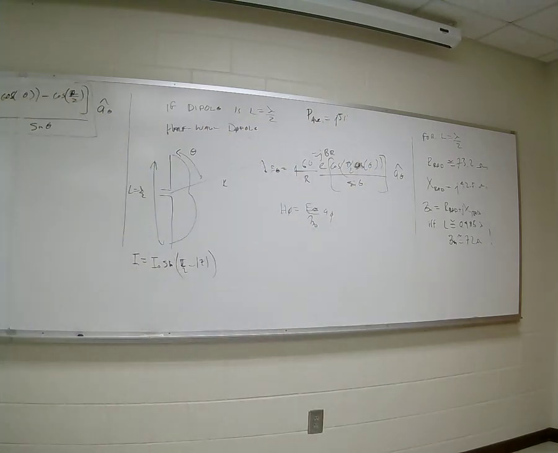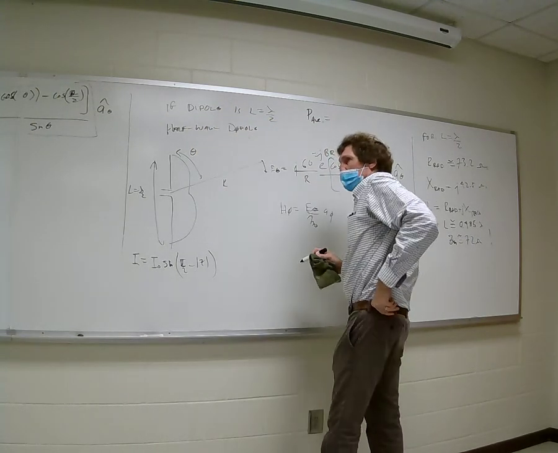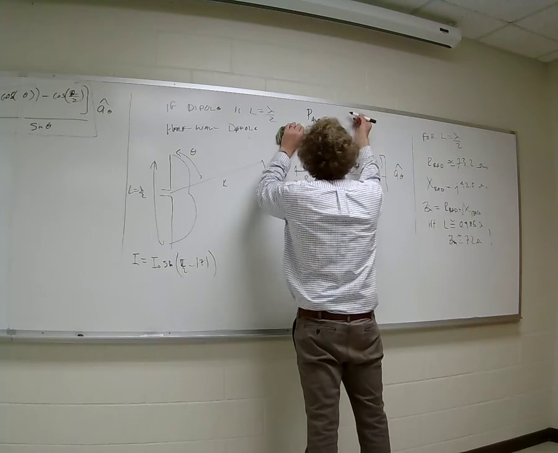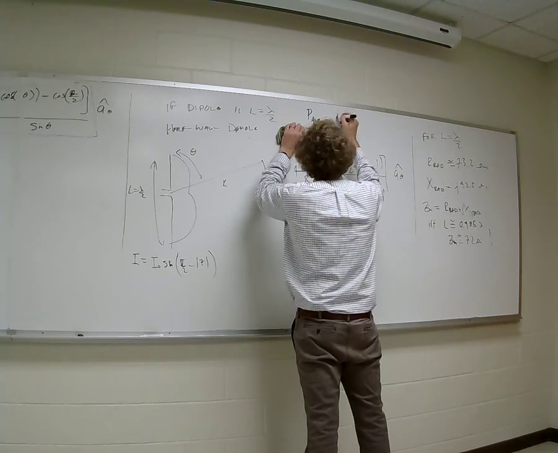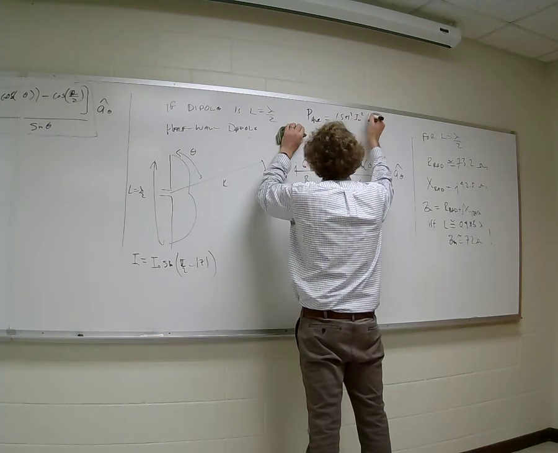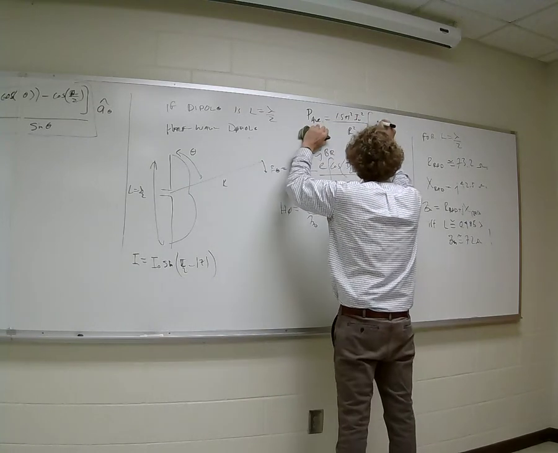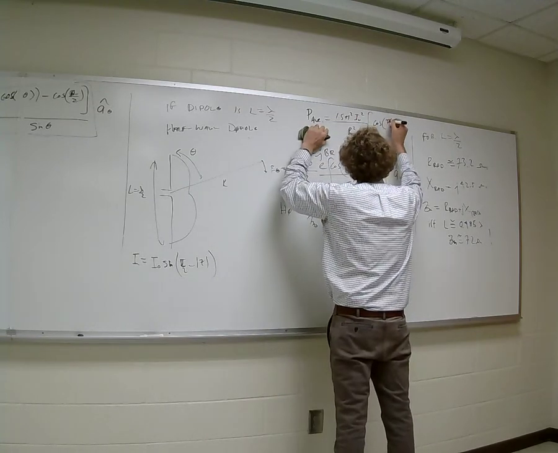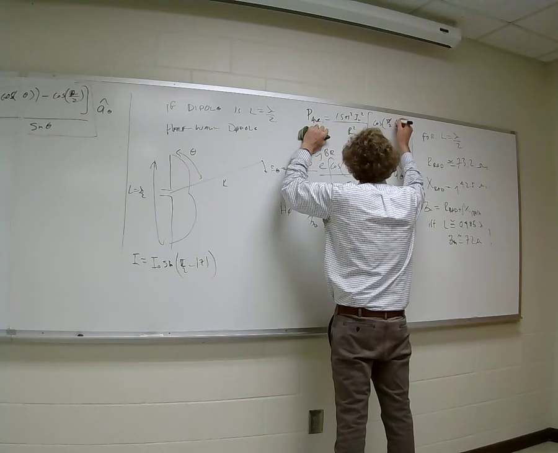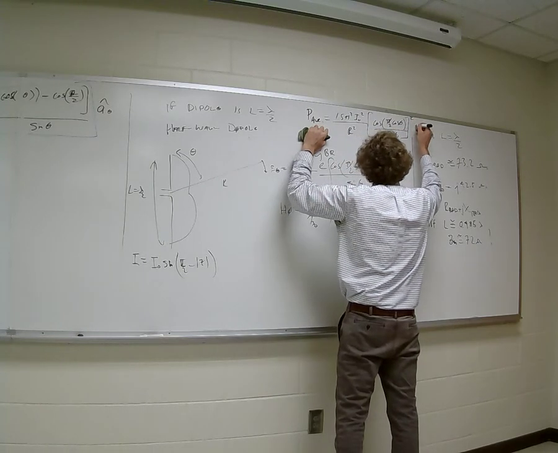There's a lot of ways to write this. This would be the power radiated. Look for an arbitrarily long dipole, but it'll be for a half-wave dipole too. It's not going to have a j, sorry. It's going to be 15 pi squared I naught squared over r squared, then cosine of pi over 2 times cosine of theta over the sine of theta, squared, in the a r direction.